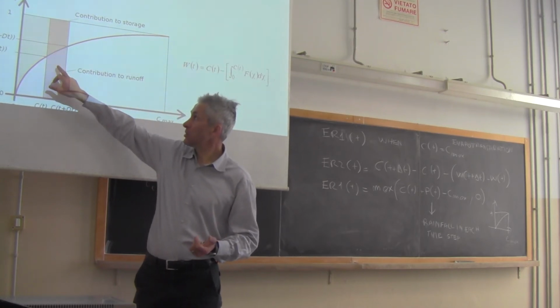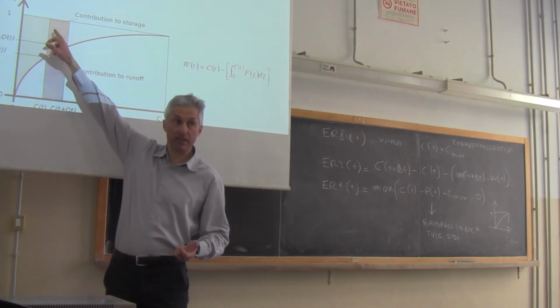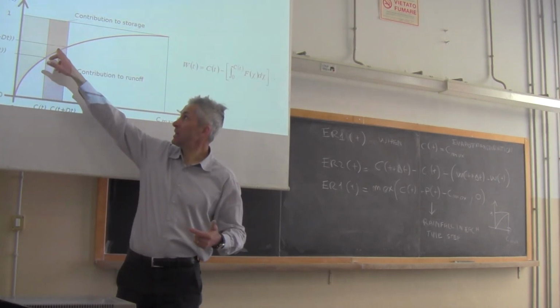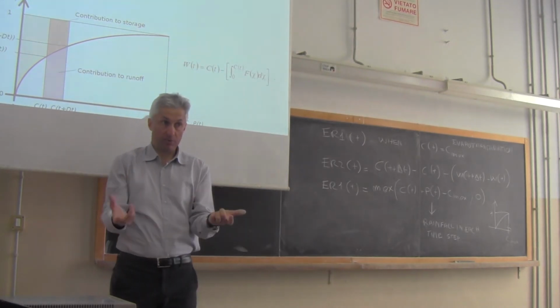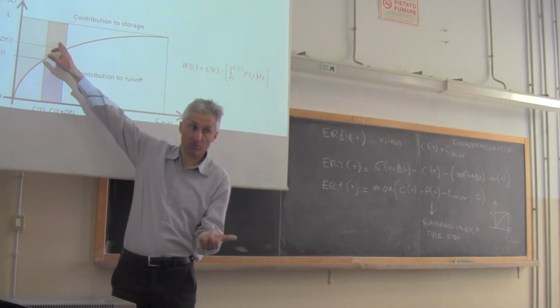So what you have above the curve goes from the curve to 1. 1 is the remaining part of the catchment. So the remaining part of the catchment is still absorbing, and therefore this goes to storage into the catchment.